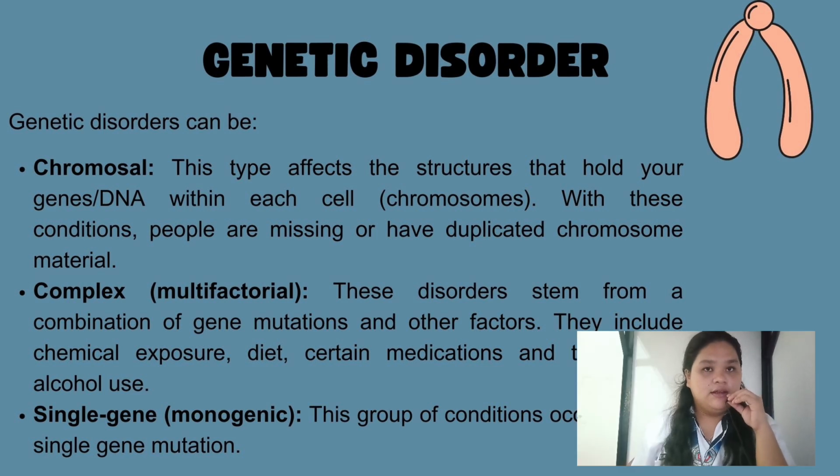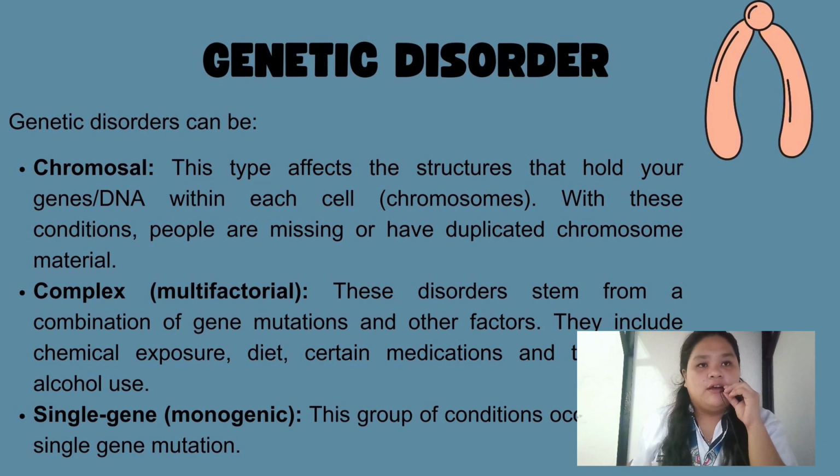And lastly, single gene or monogenic. This group of conditions occurs from a single gene mutation. Single gene disorders are among the most well understood genetic disorders given their straightforward inheritance patterns, recessive or dominant, and relatively simple genetic etiology.